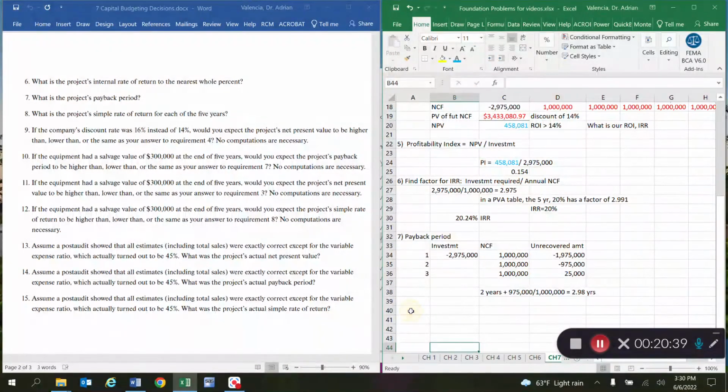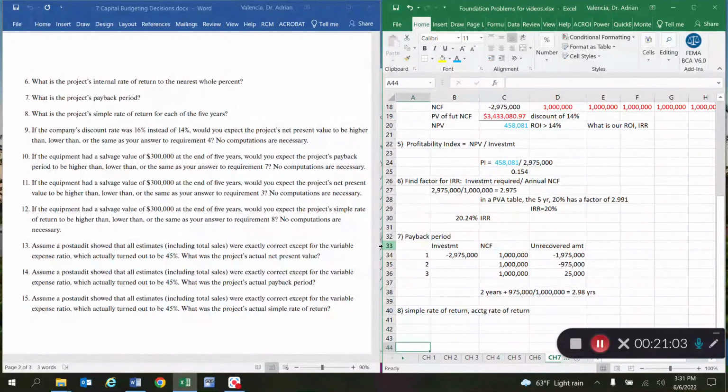And then finally, we have the project's simple accounting rate of return. Okay, so let's do that one as well. So in number 8, we're being asked, what is the project's simple rate of return? And sometimes this is referred to as the accounting rate of return, different names for it.